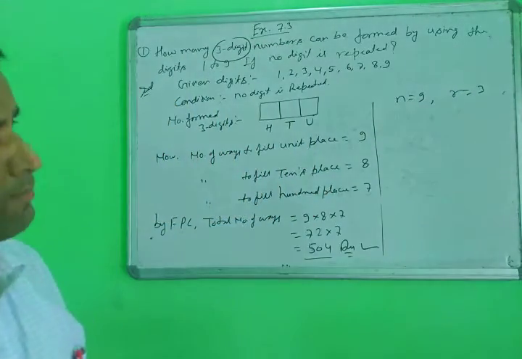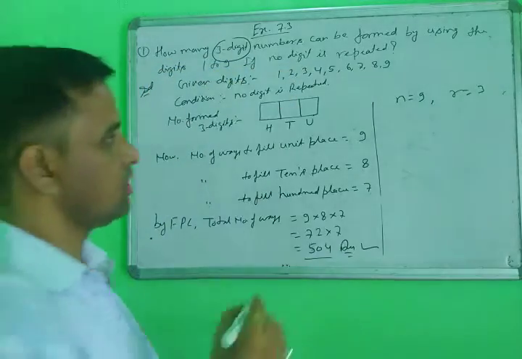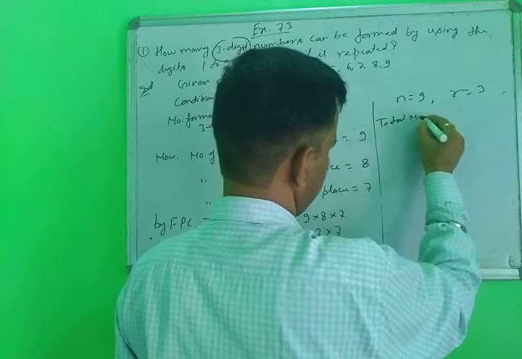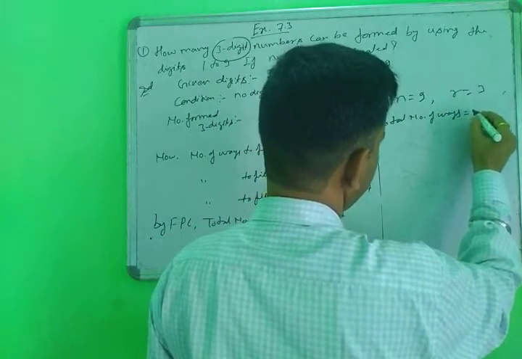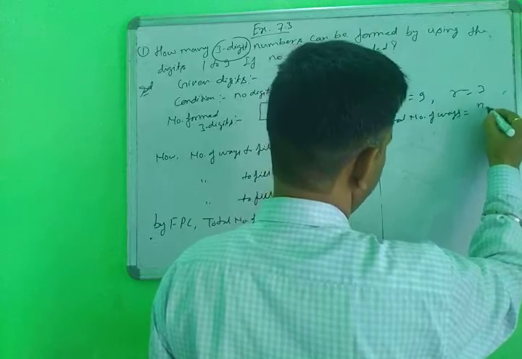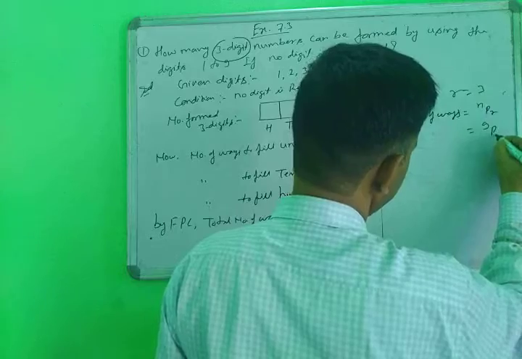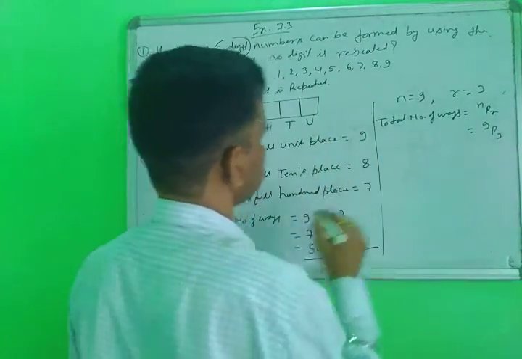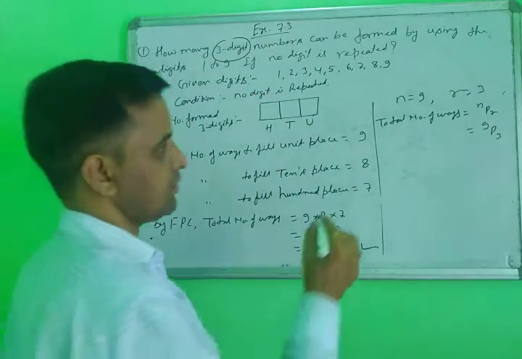The total number of ways is nPr, meaning 9P3. What is the formula of this nPr?